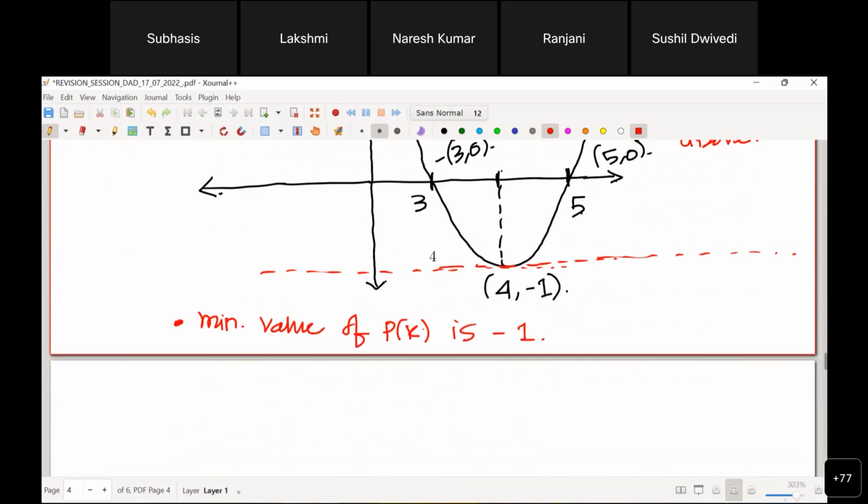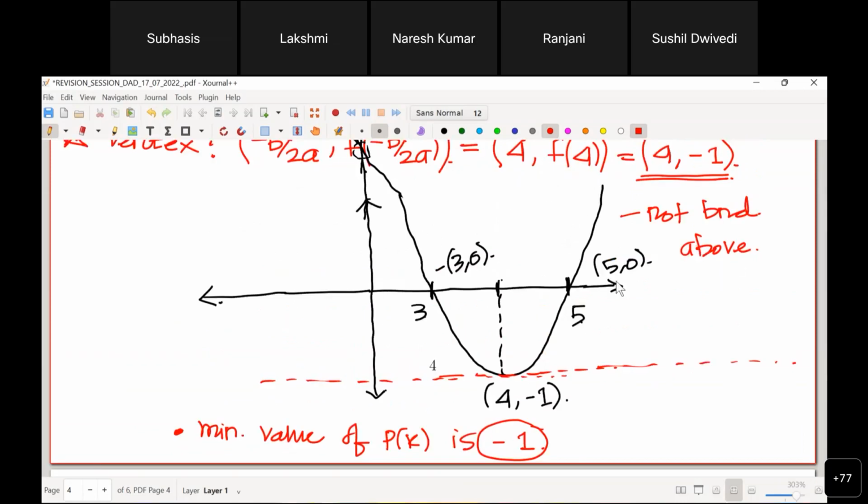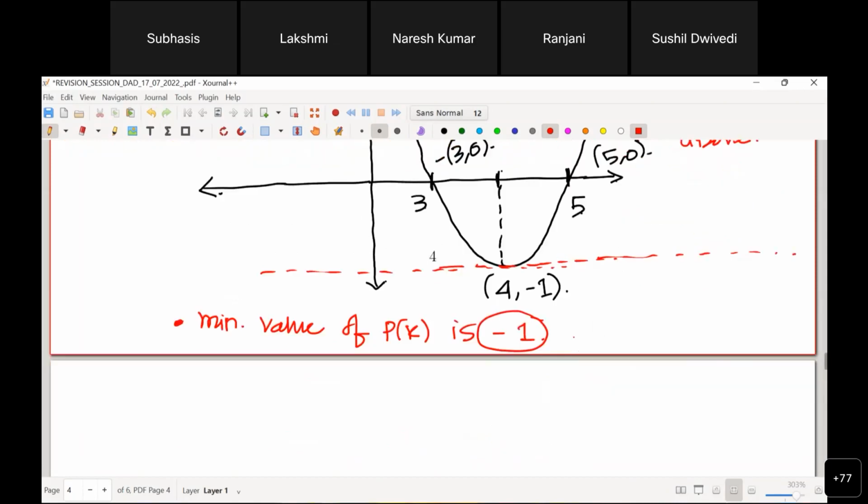This quadratic function, or you can say parabola, cannot take any value which is less than -1, because the minimum value of p(x) is -1, and the parabola is unbounded above. That means the parabola can take any value which is greater than -1, right? So p(x) is always greater than or equal to -1.